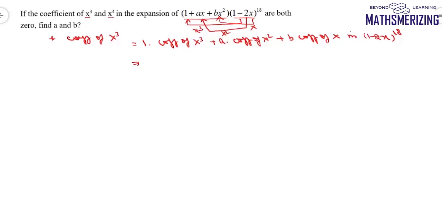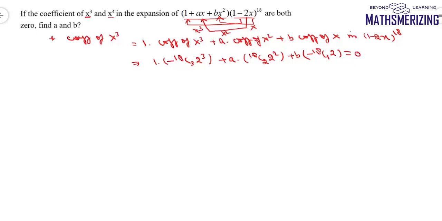So there'll be 1 into minus 18C3 into 2 to the power 3, plus a into 18C2 into 2 square, and then plus b into minus 18C1 into 2, and it is given that the coefficient of x cube is 0.